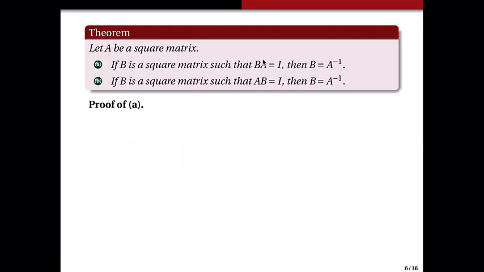I just checked BA equals I and then concluded that we have the inverse already. That's because of this theorem. This means that you actually need to check only one of them. You don't have to check both.